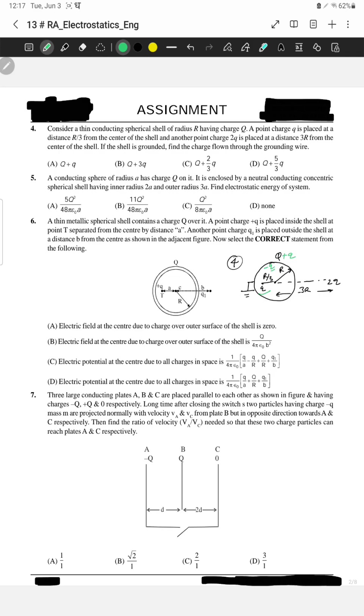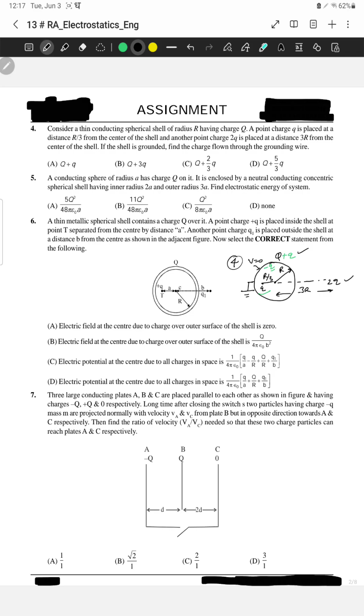So to make the potential of the spherical shell 0, that will be because of the outer surface charges, the charges that are outside. Getting my point here? These q and minus q, the inner cavity charges, will not make the potential on the spherical shell 0. So potential of the shell is 0 means on the surface the potential is 0, right?